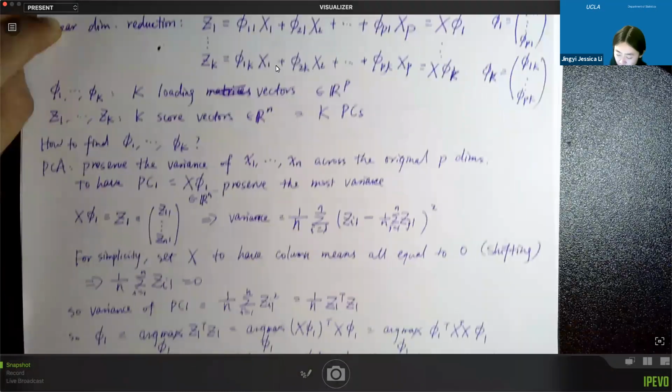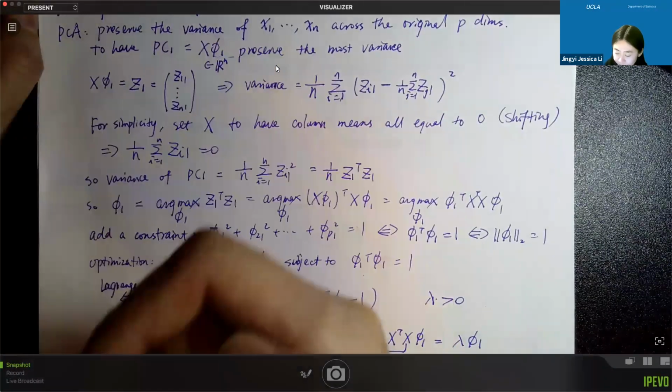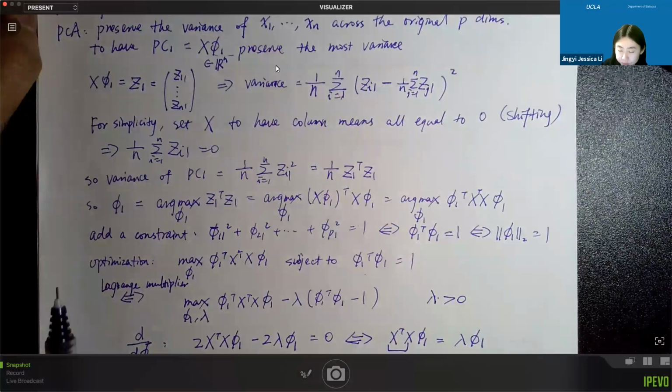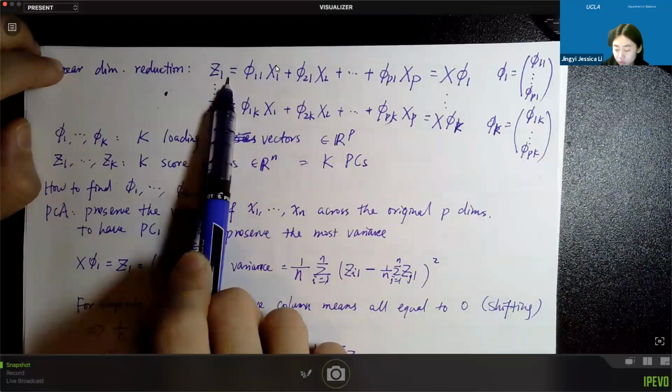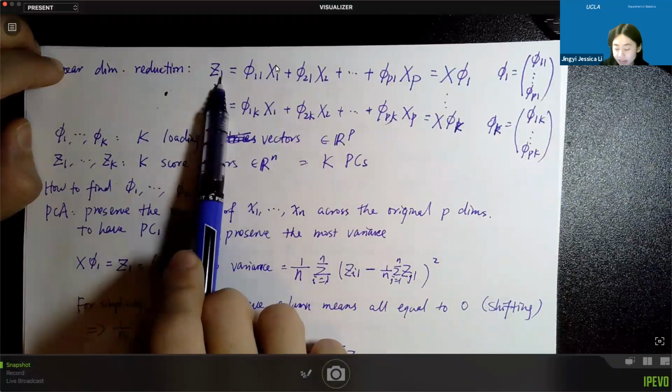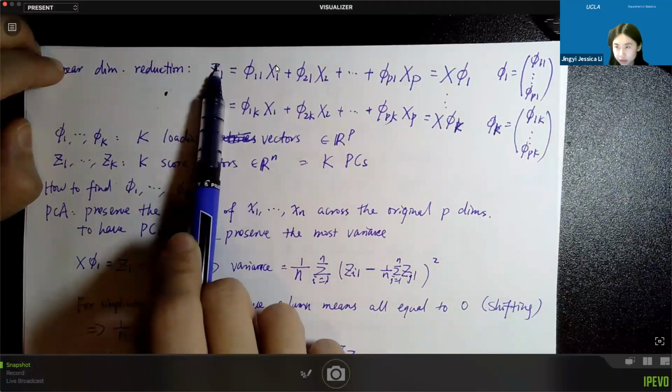In our last lecture, we spent quite some time on how to find the first PC. The goal of PCA is to find Z1 so that it has the largest variance.